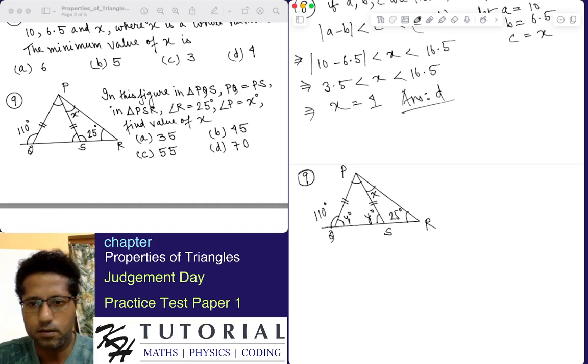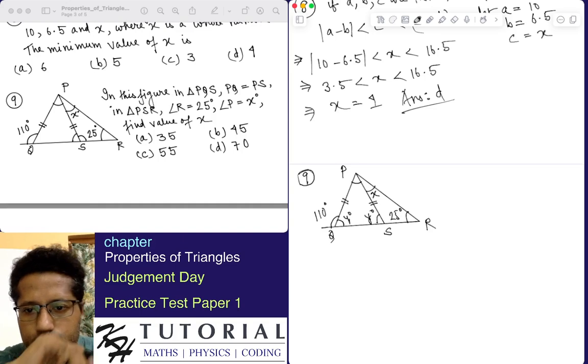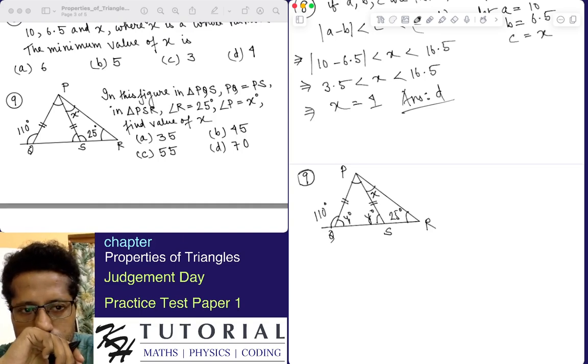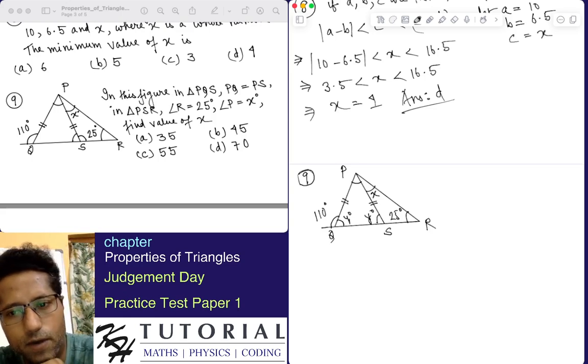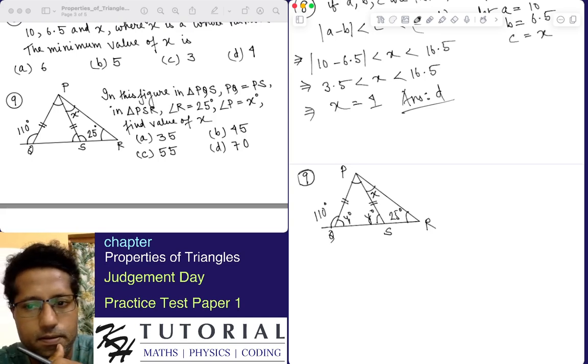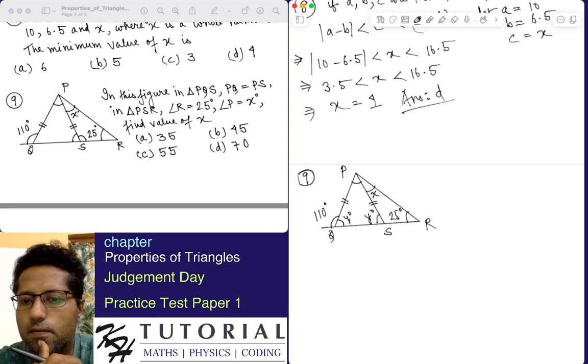Fine. Now we see that we have to find x. To find x, what do we need? Do we need y?